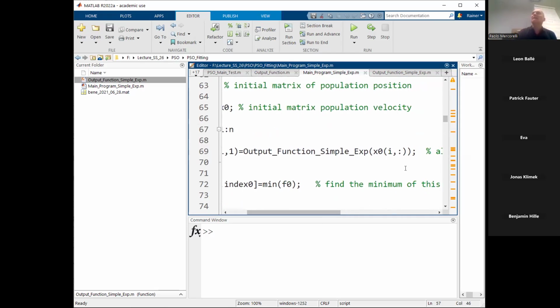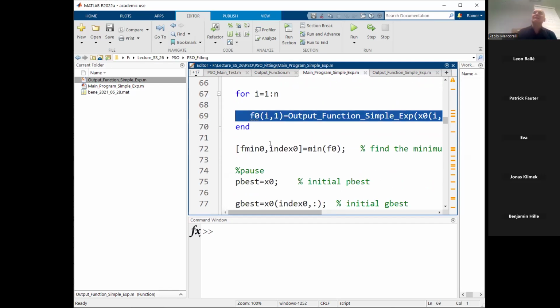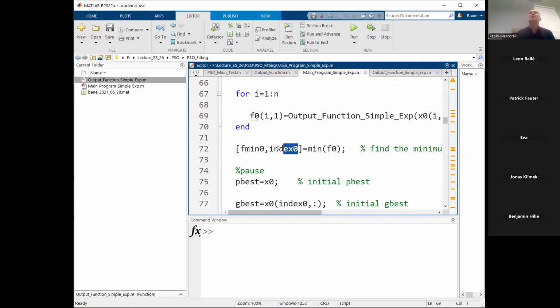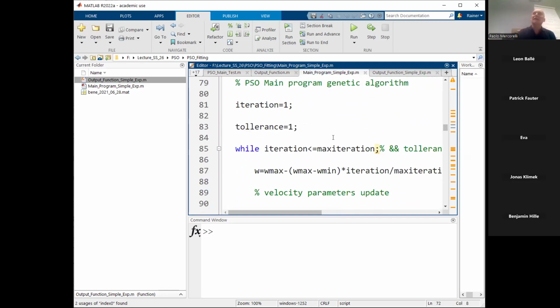This is colloquially what I am doing here. Then I find the minimum. I save which bird finds the minimum and the value. Exactly the same as I told you. I will save this best bird in GBEST, iteration 1, tolerance I don't use.